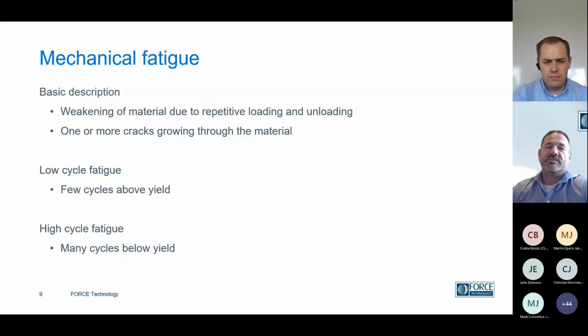We've got two types of fatigue: low cycle fatigue and high cycle fatigue. Low cycle fatigue explains the few cycles that occur above yield, whereas high cycle fatigue describes many cycles that occur below yield.